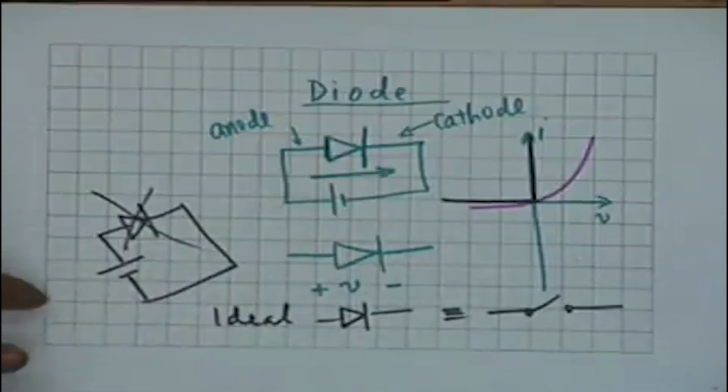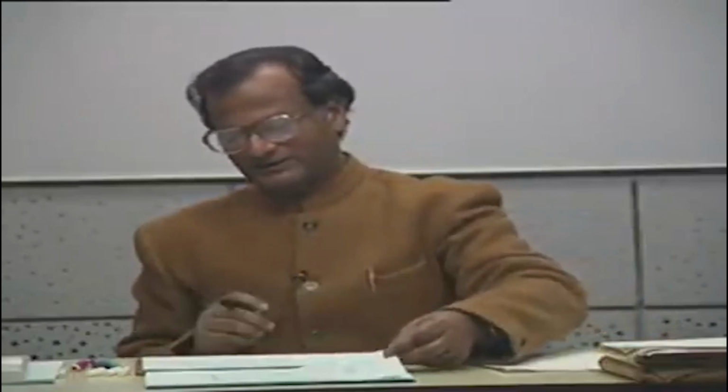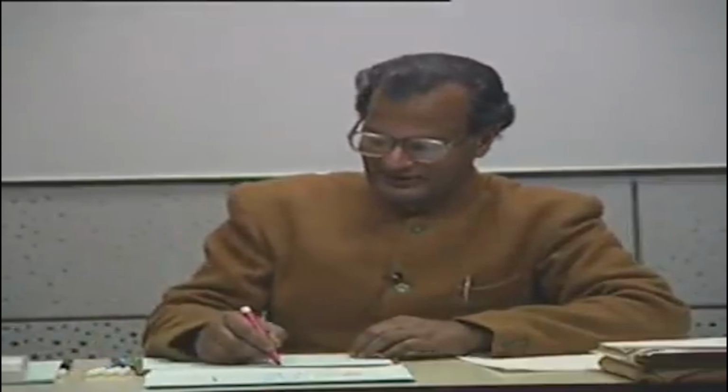Alright. So, what then limits the current in the diode? Obviously, we shall have to have an external resistor in the circuit. So, a typical diode circuit would be like this.